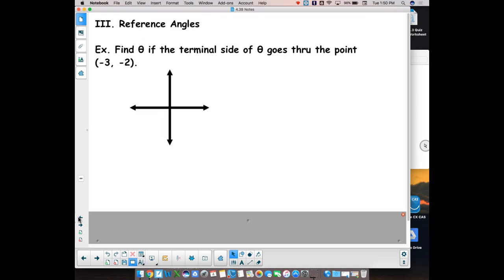Like that one, you mean? Yeah, like that problem. We were using the right triangle to find the measure of theta. To find the angle, right? Okay. And so why was it important for us to use reference angles in this problem?